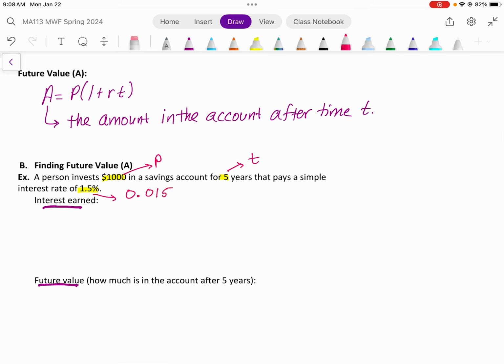They want the interest. So I can do I equals PRT. And so that's $1,000 times 0.015 times 5. Run that through your calculator, and that's 75.